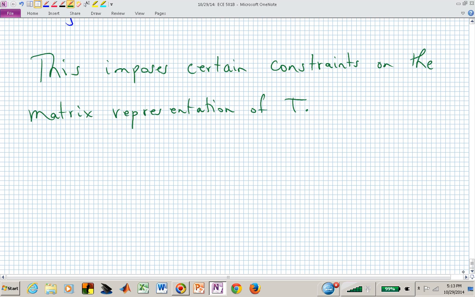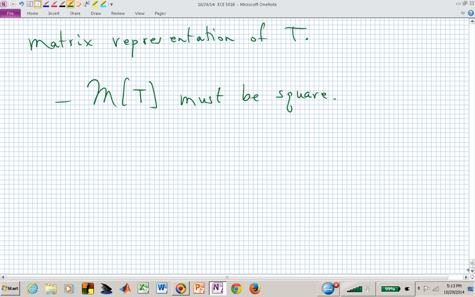For example, the matrix representation of T, dimensionally, what is that if it's an operator? It's n by n, isn't it? Or it's square. So the matrix representation of T must be square. And you know that why. So now you've put on your 2-year-old hat.